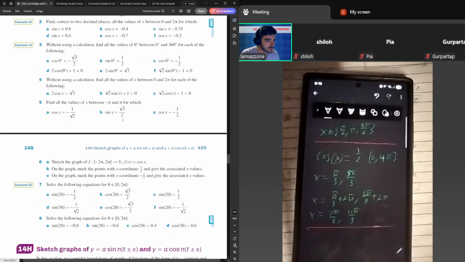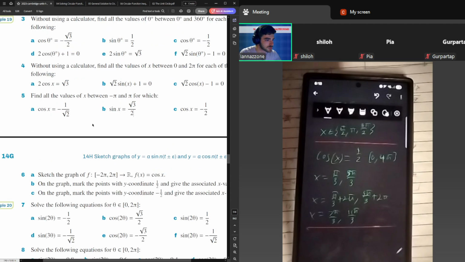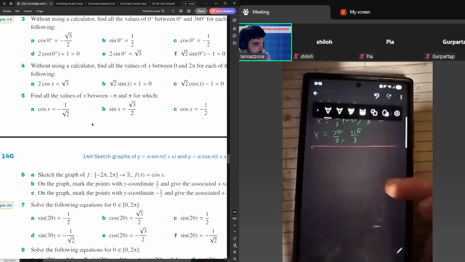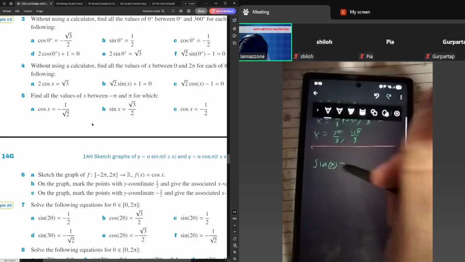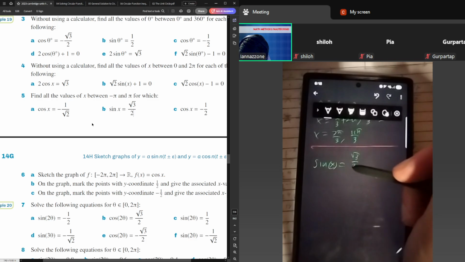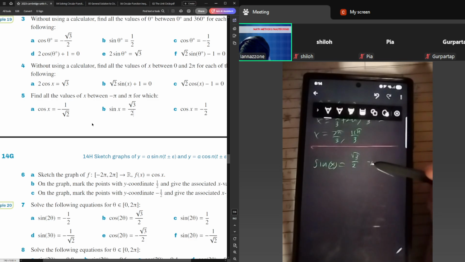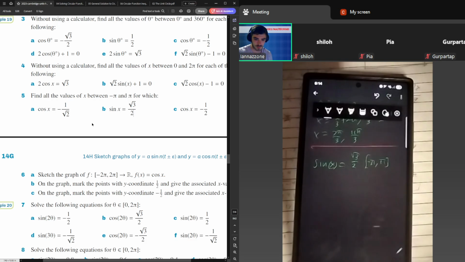So, do they have anything else? Yeah, we could probably squeeze in a question 5. So going from negative pi to pi. So I'll write down, let's call it sine x equals root 3 on 2. And we're going from negative pi to pi this time. Same deal.